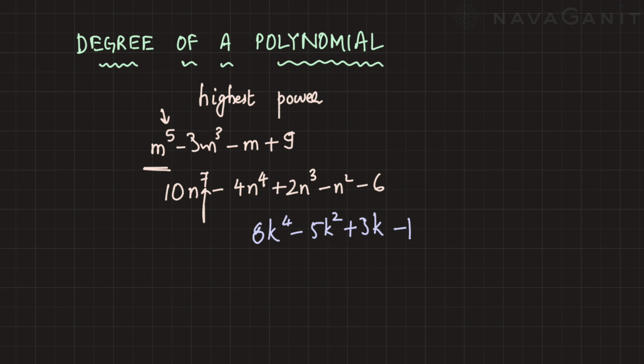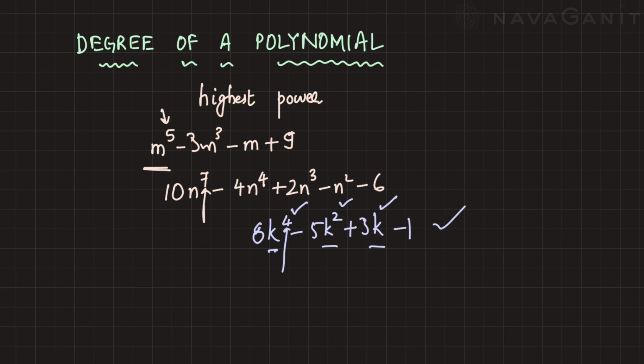Now in this case, the variable here is just k, and its powers are 4, 2 and 1, which are all non-negative integers. So this is a polynomial, and in this case the degree of the polynomial is 4 because the highest power of k is 4.